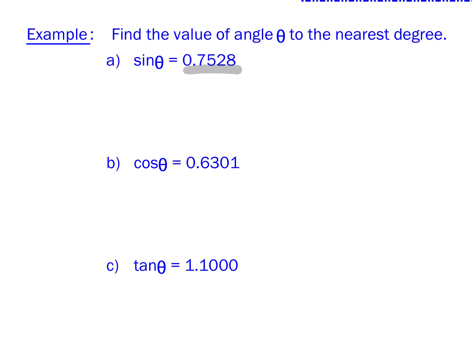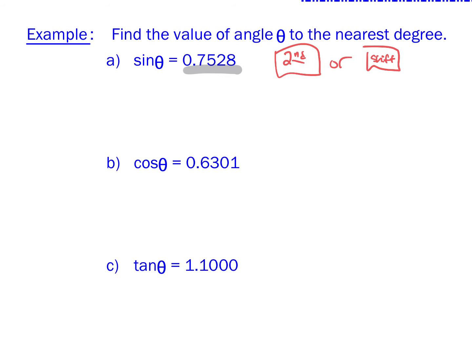Instead of just typing in sine, depending on your calculator, after you type in 0.7528, you are going to type in either the second function button, or if you're using one of my classroom calculators, there'd be a shift button.